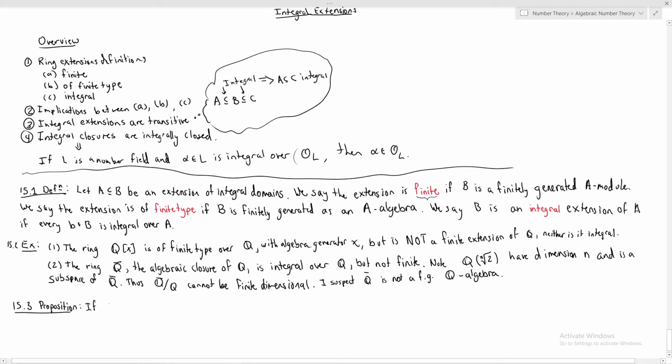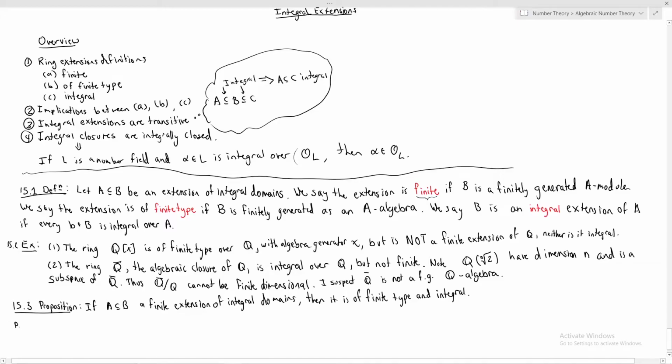If A is contained in B, a finite extension of integral domains, then it's necessarily integral and of finite type. Okay.